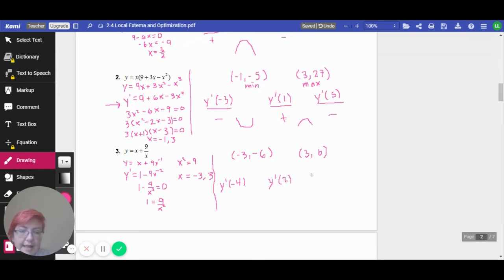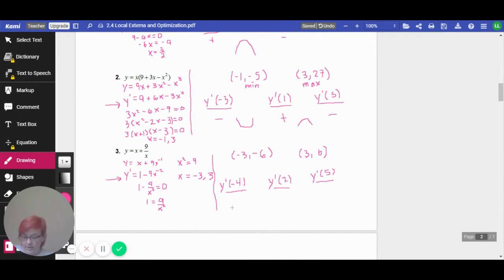And then last, greater than 3, I'll go with y prime of 5. Remember, we're just looking: is it positive or is it negative? We're plugging into our gradient function.